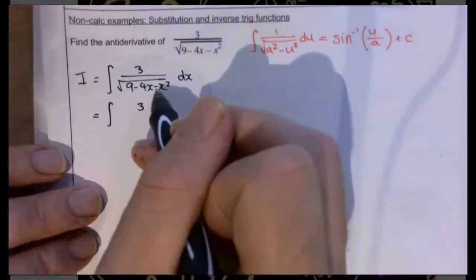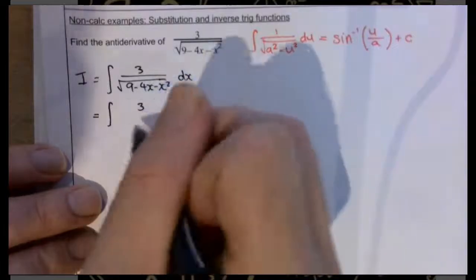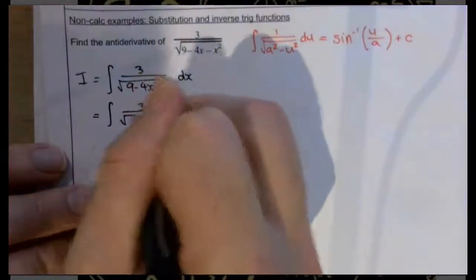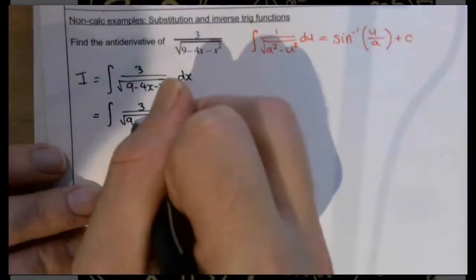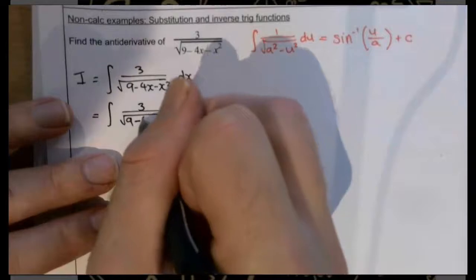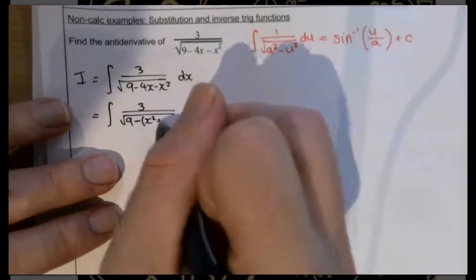So I'm looking at the minus x squared minus 4x, and I'm thinking, well, this is the same as 9 minus x squared plus 4x.